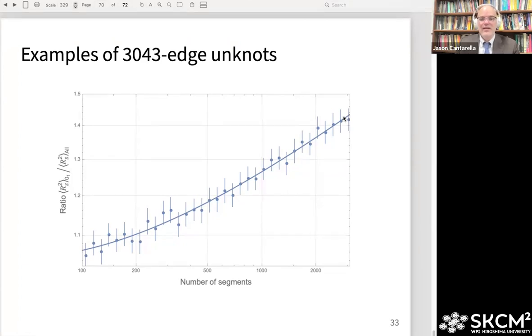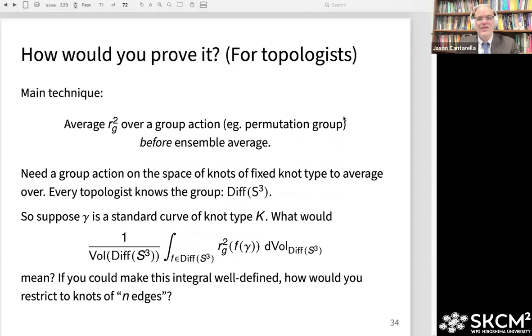So right now we're working on a much larger computer experiment to try to push this to 10,000 edges or even more. So here's my question for topologists and fluid dynamicists and people interested in vector field knots and vortex knots and so forth.